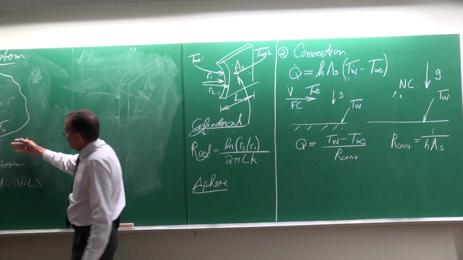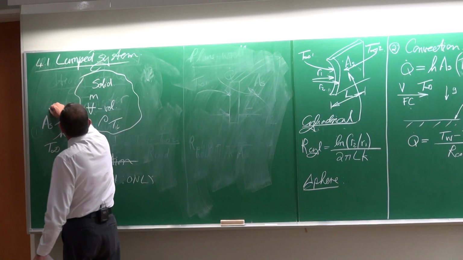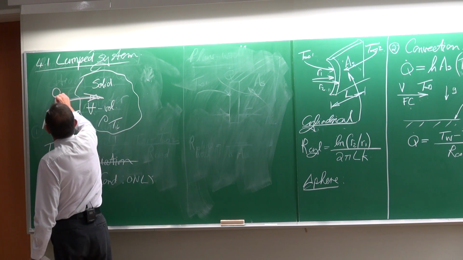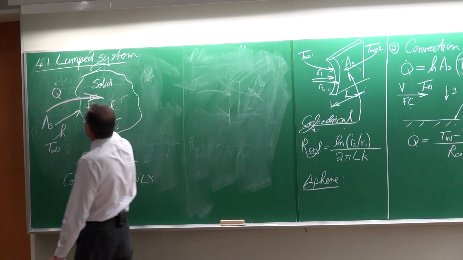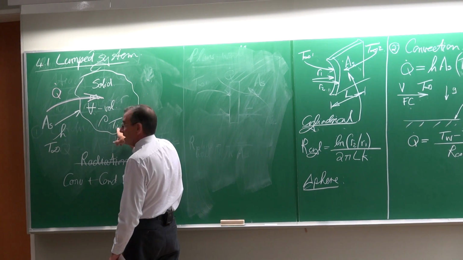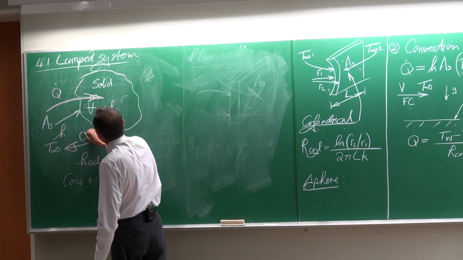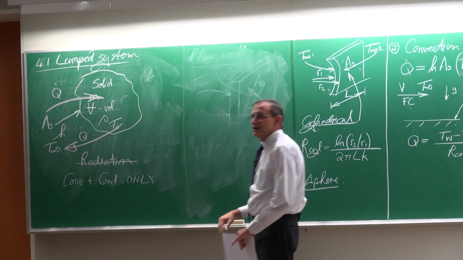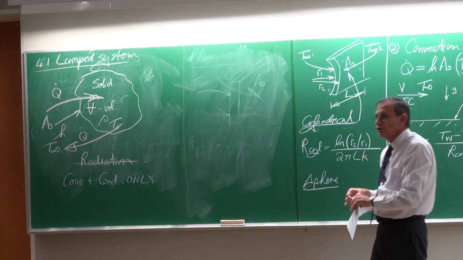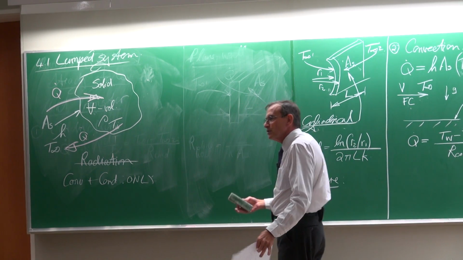So in a problem like this, it might be that this environment is at a higher temperature than that, which means the heat transfer rate would be from there to there. In some problems, it might be that this temperature is lower than that, which then would mean the heat transfer rate is just in the opposite direction. So in general, except for one exception here when we are going to do a derivation, the sign is not important. It is not as important as in thermodynamics.